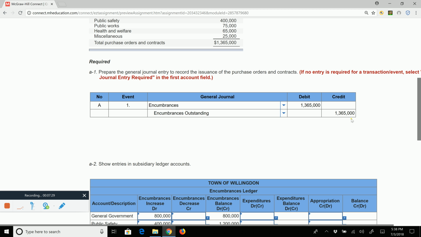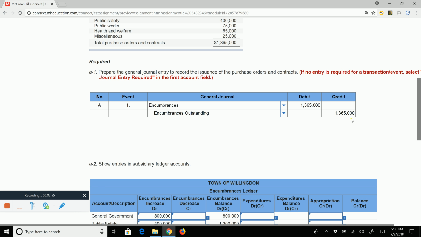And then the second step, and I'm not going to get to it here, is that once the purchase order or contract has been fulfilled, you reverse this encumbrance and you replace it immediately at the same time with the actual expenditure. So the same dollar is not going to be in the encumbrance and the expenditure account at the same time. It's a step-by-step process.